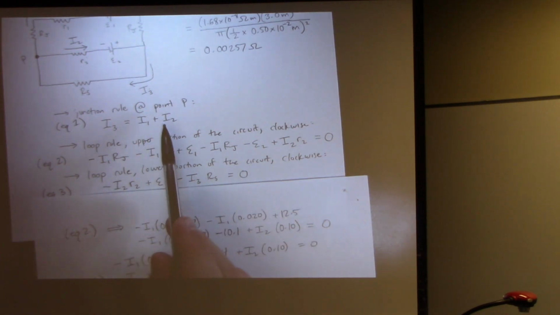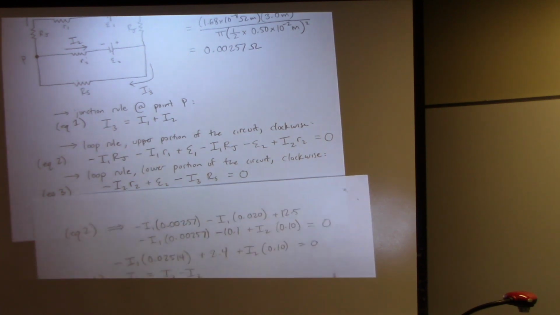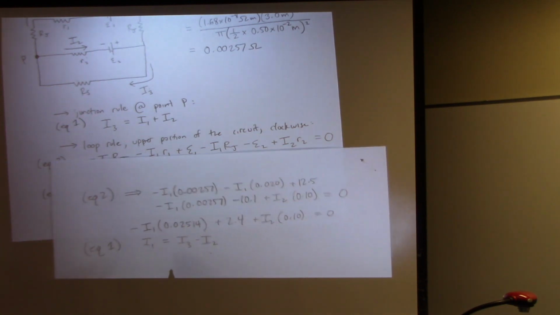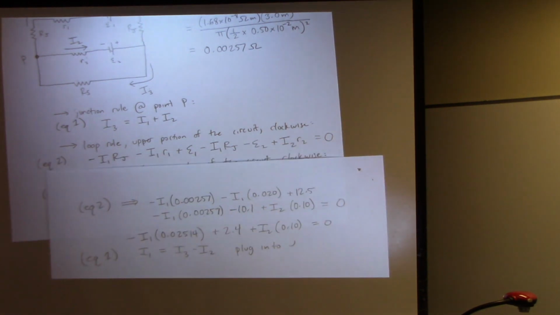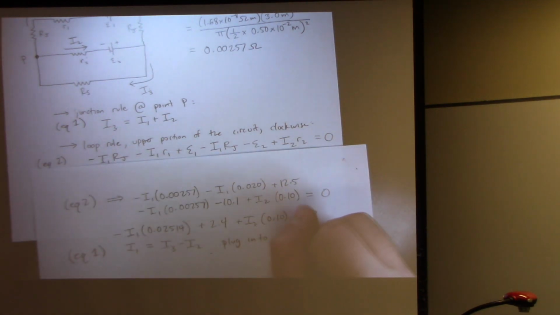So why am I doing this? I'm just trying to eliminate I1 as a variable. And so what I'm going to do is take what I just wrote down, which is I1 equals I3 minus I2, and I'm going to plug this into this result.